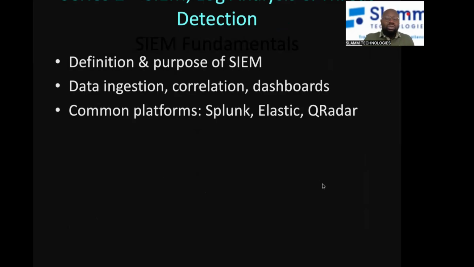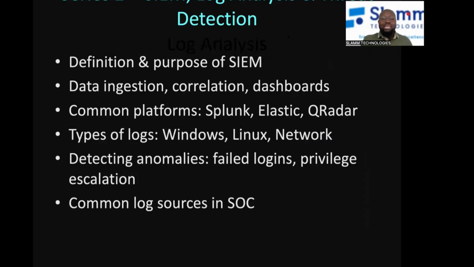You will also need a lot of practical skills in a SIEM, a security information and event management system, which ingests massive amounts of data, correlates and aggregates it, and visualizes the threats that are happening in dashboards. We will look into Splunk, Elastic, and other systems like Windows logs, and analyze these tools.